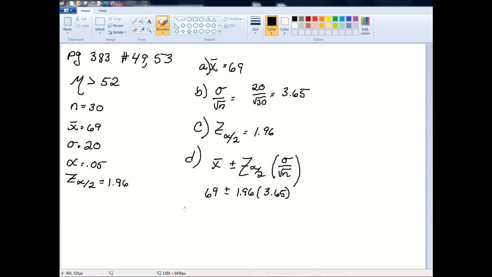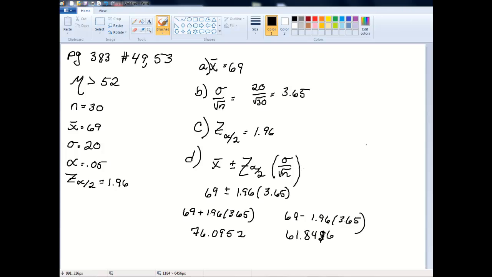So I'm going to plug into my calculator 69 plus 1.96 times 3.65, and 69 minus 1.96 times 3.65. I'm going to pause and do that arithmetic.